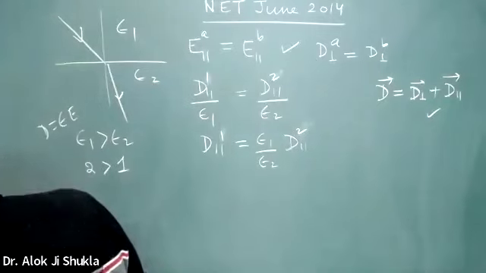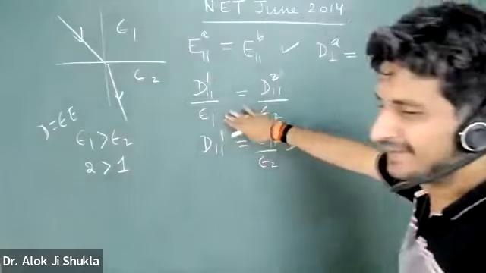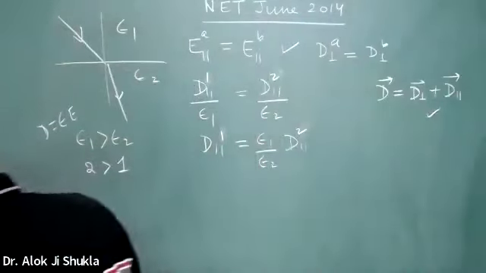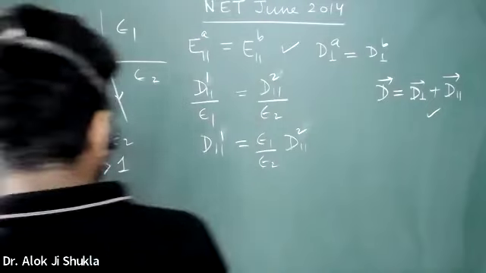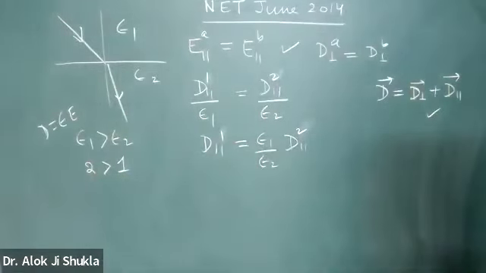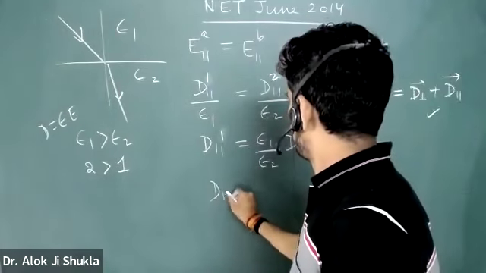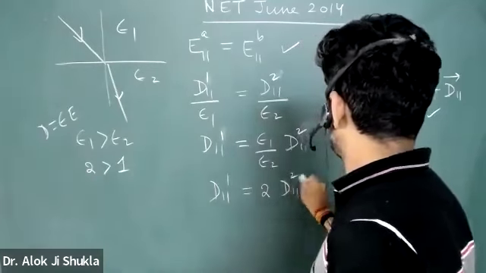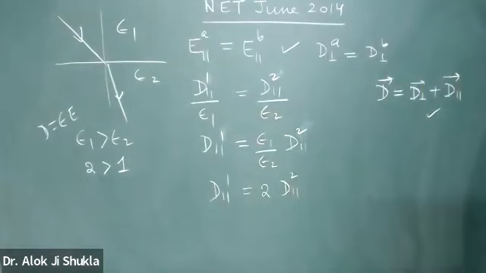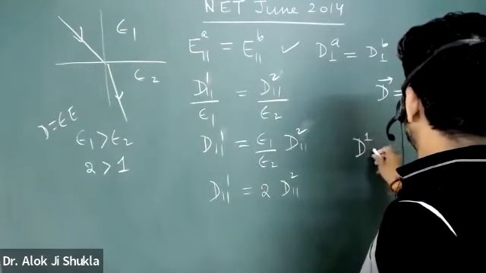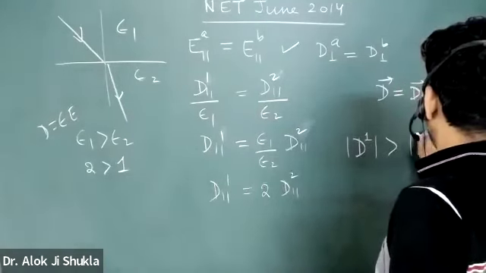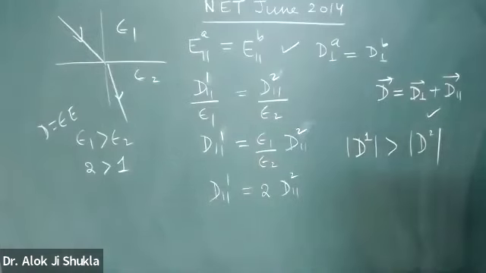If I put 2 here, then D parallel 1 is equal to 2 times D parallel 2. 1 is greater, right? So D1 is greater than D2. Is that okay?